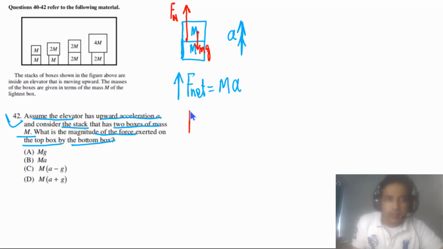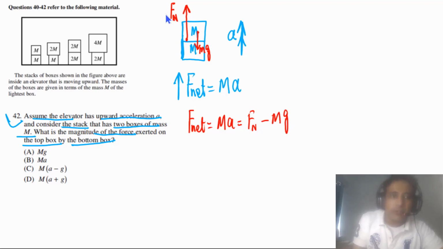So in this case, F net is equal to ma, and this has to be equal to Fn minus mg, but we need to find out what is the value of Fn. So Fn in this case, simply we can write, has to be equal to ma plus mg.